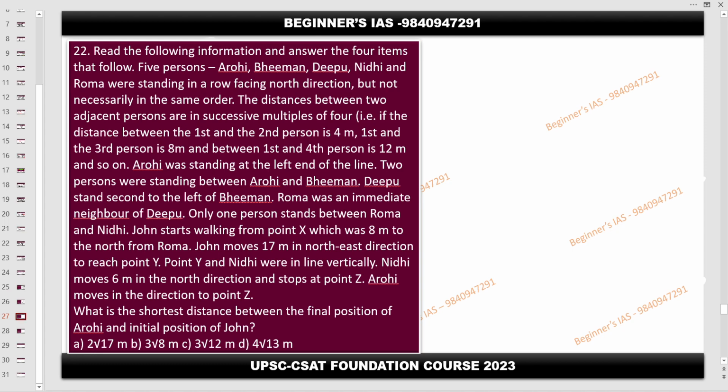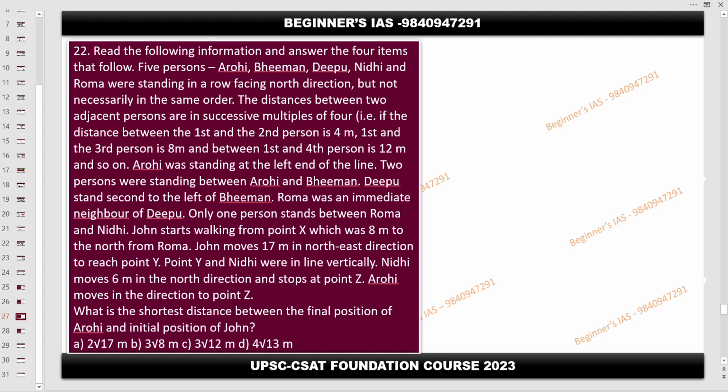Now move on with the question. What is the shortest distance between the final position of Arogi and the initial position of John? Right? This is the question, right? Now let me draw a simple diagram here.